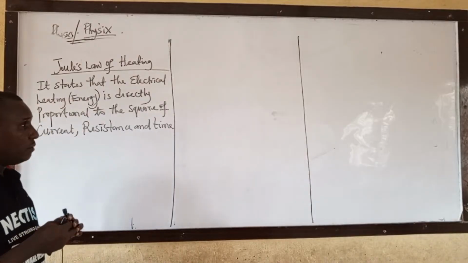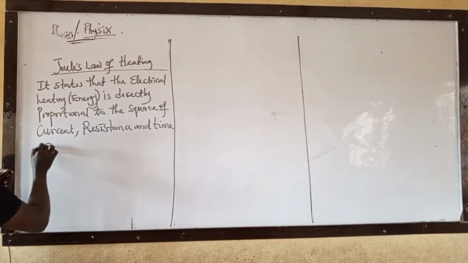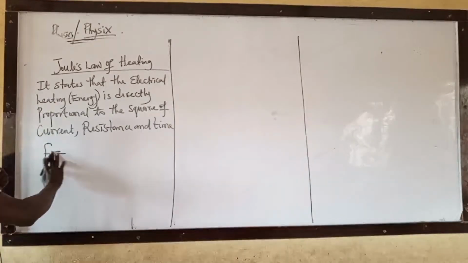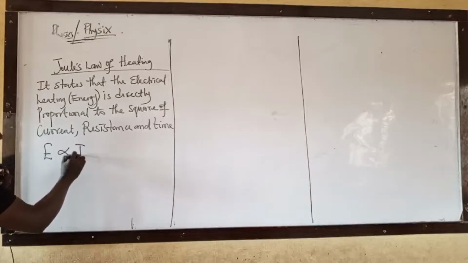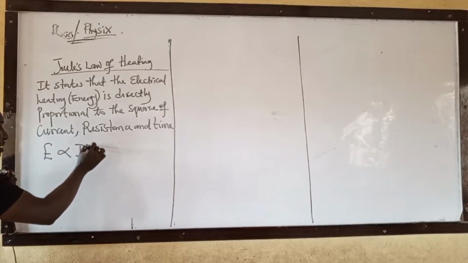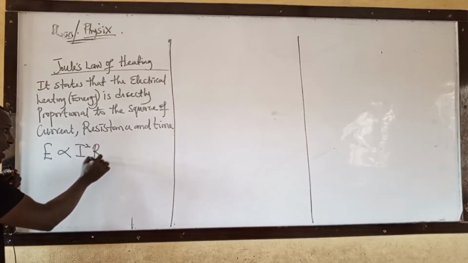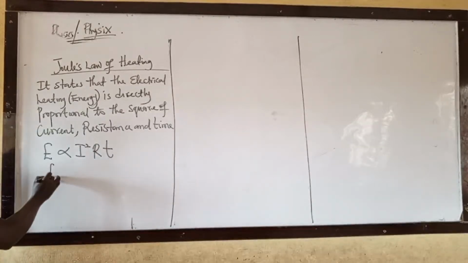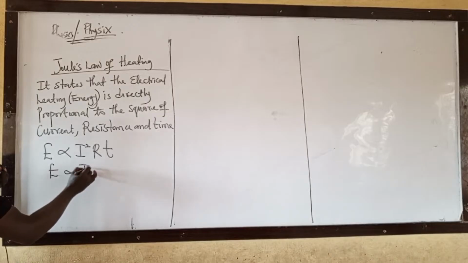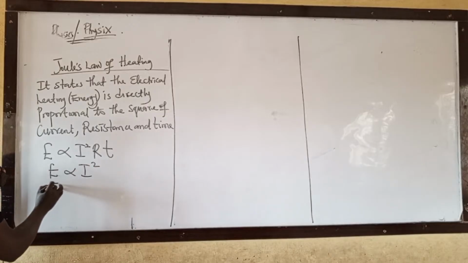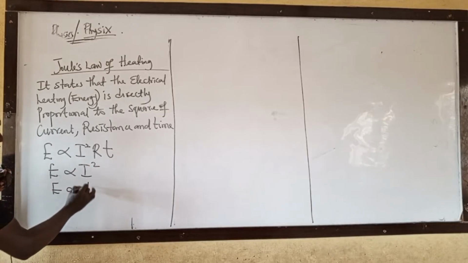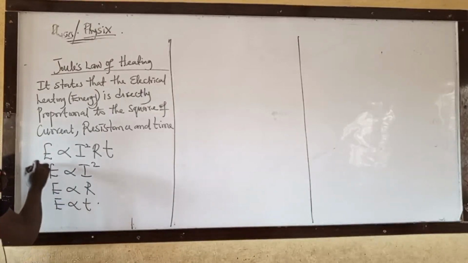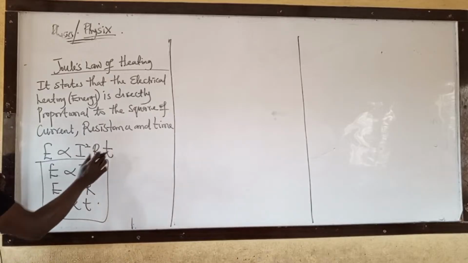Meaning that electrical energy, that means the electrical heat, is directly proportional to I squared, directly proportional to resistance, and directly proportional to time. If I separate them, electrical energy is directly proportional to the square of current, to resistance, and to time.